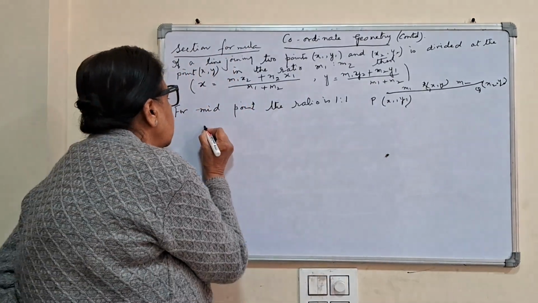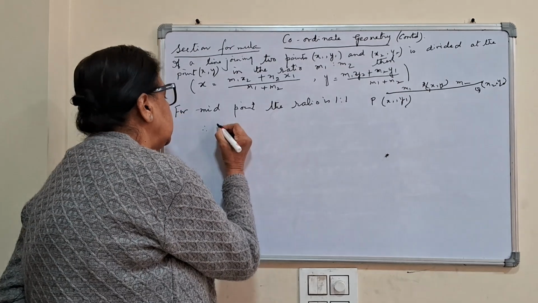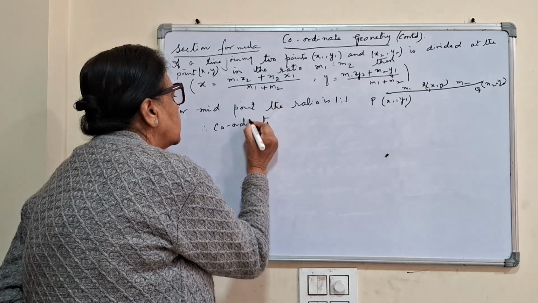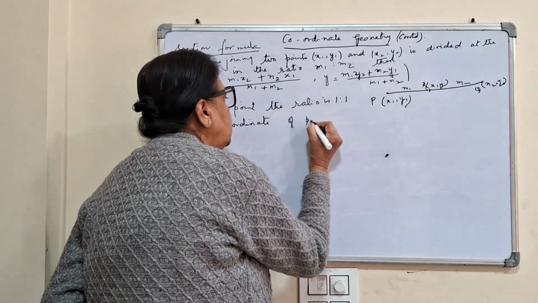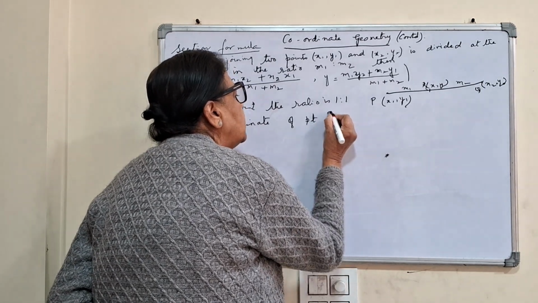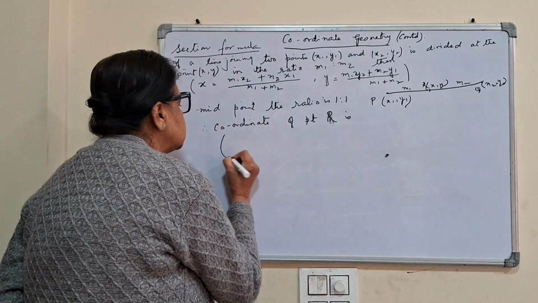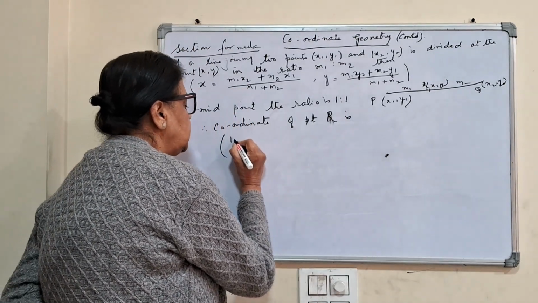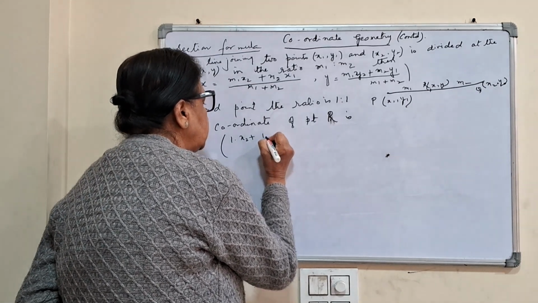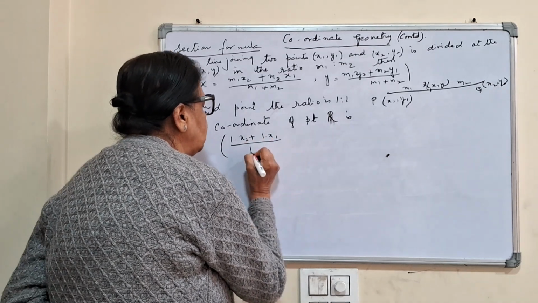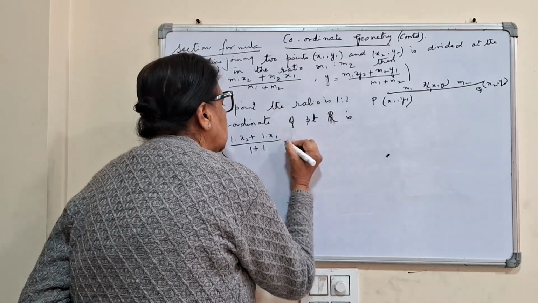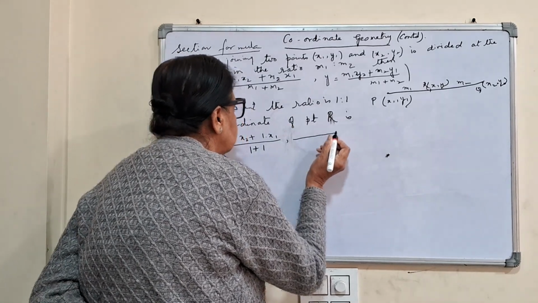Therefore, the coordinate of the point R is, that is, 1 into x2 plus 1 into x1 divided by 1 plus 1, comma, what will be the coordinate of y?